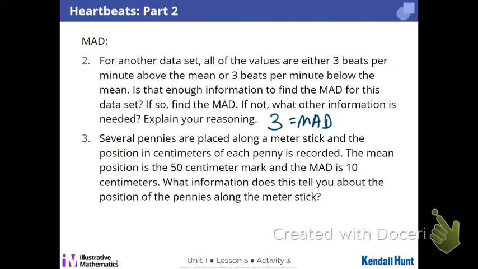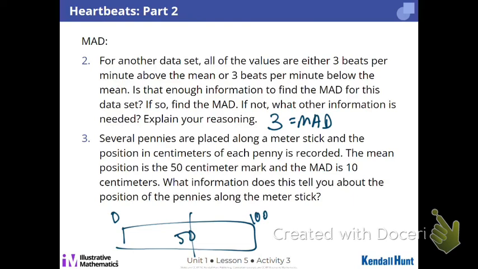Cool. Now, we've got these pennies on a meter stick. That's number 3. Right? What's halfway on a meter stick? What's the 50, right? All the way is 100, none of the way is 0. Okay, and the MAD is 10 centimeters. So what information does that tell us about the placement of the pennies on the meter stick? From the middle.